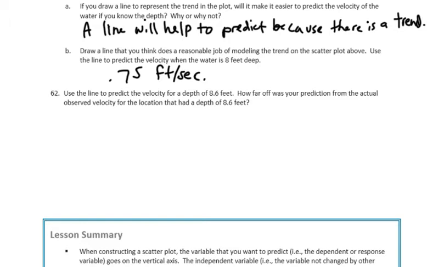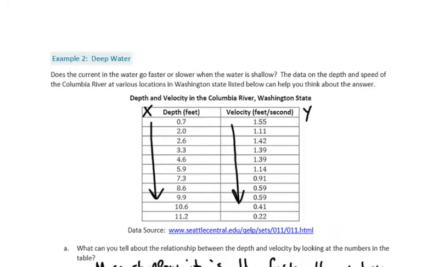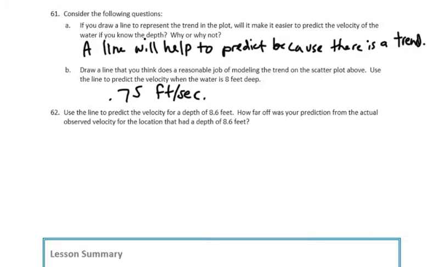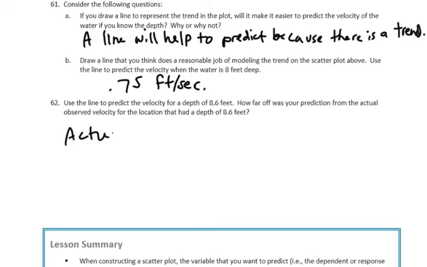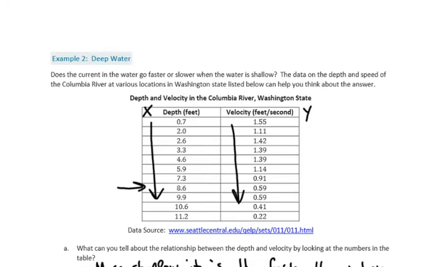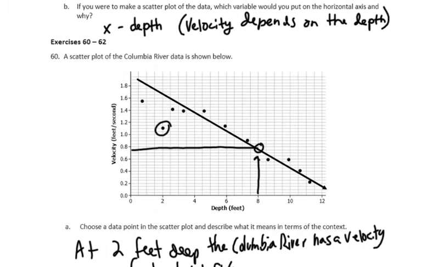Use a line to predict the velocity for a depth of 8.6 feet. How far off was the actual observed velocity for that location? 8.6 feet, so we're going to go back. I'll use a table. 8.6 feet right here is 0.59. So the actual is 0.59, and our trend line at 8.6 feet is right here.